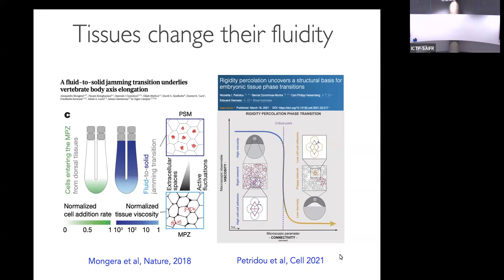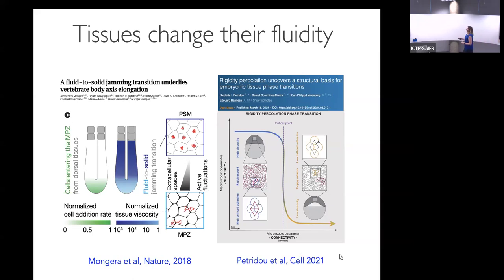And this is showing you that right at that time point, the system dramatically changes its adhesive properties between cells. That changes its connectivity. So these little red things are connections between cells. And you can see you go from having lots of connections between cells to very few connections between cells. And this really is sufficient to drive a real bona fide rigidity transition in the tissue that allows this large scale flow. It's amazing, right?